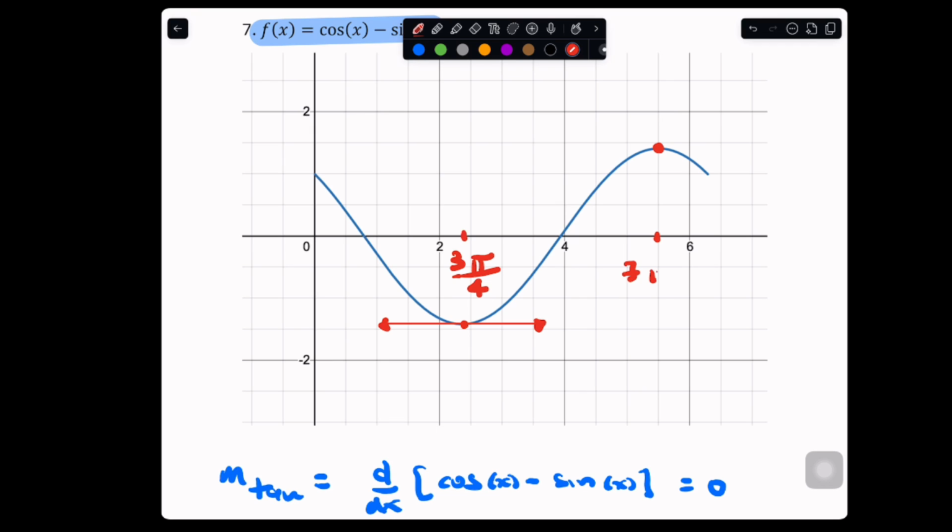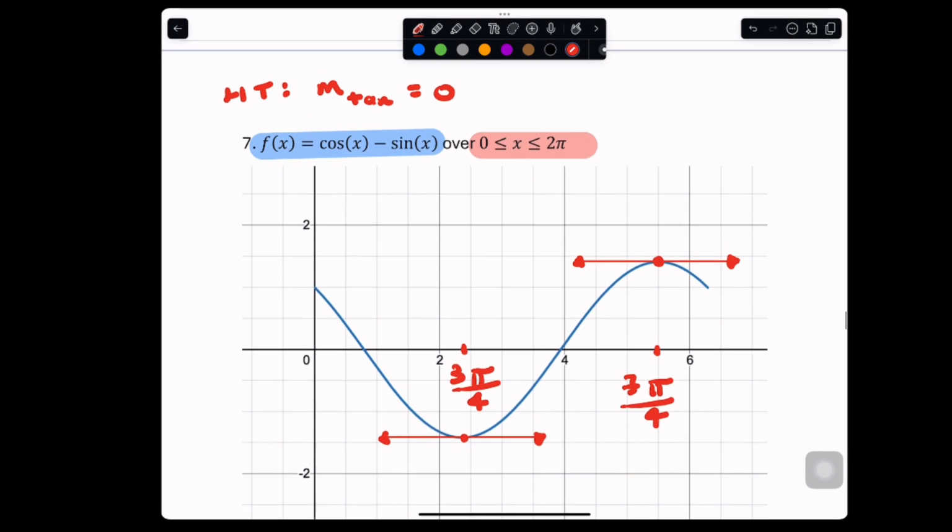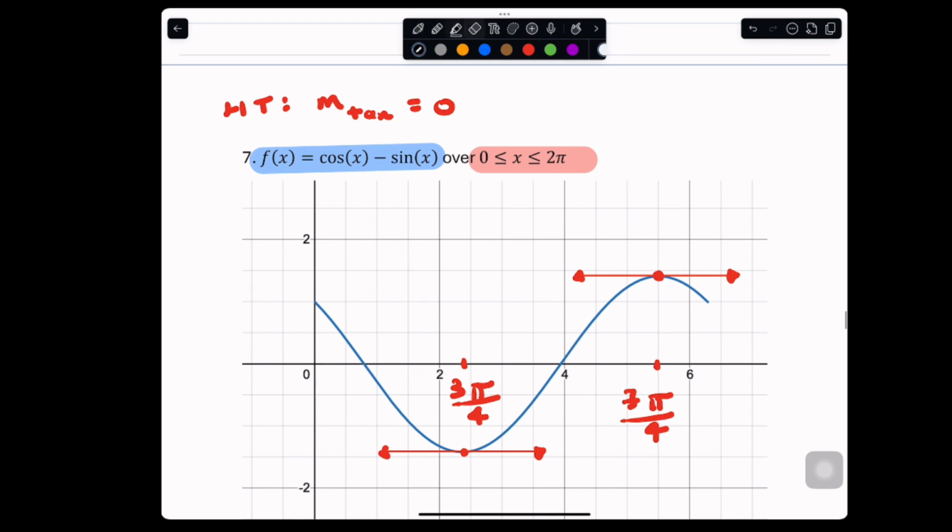And over here, you'll have 7 pi over what? 4. And I won't go into Desmos and so on. Show you guys that. All they want to do is find locations of horizontal tangents. Horizontal tangents happen where that derivative of the function is 0.